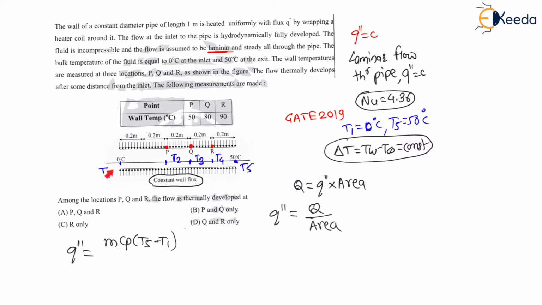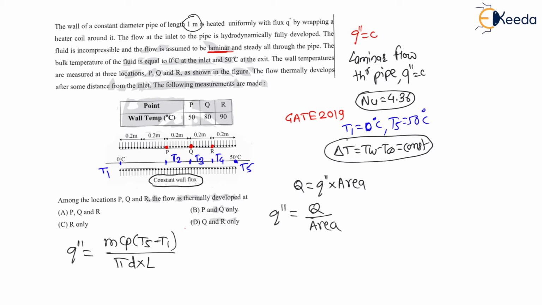T5 and T1 are fluid temperatures, that is T infinity over here, divided by area. If I consider the temperature difference between 1 and 5, I have to consider the total area, that is pi d L, and L is nothing but 1 meter. They have given L is 1 meter, right?